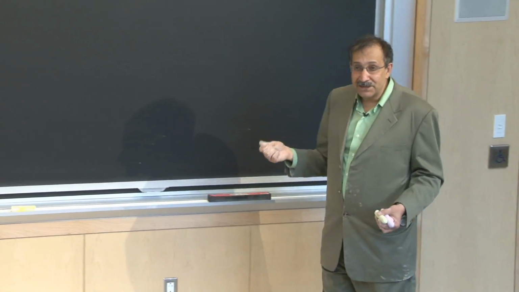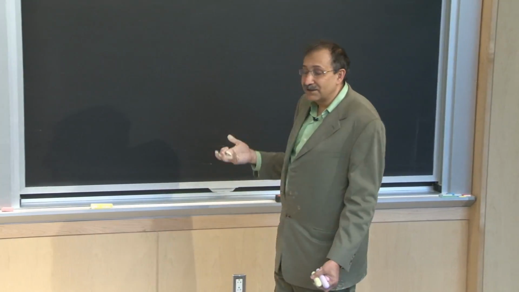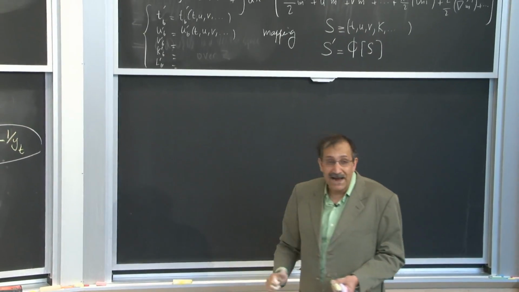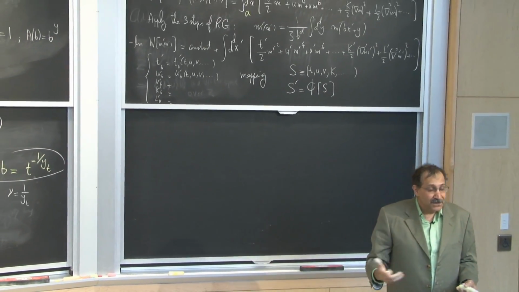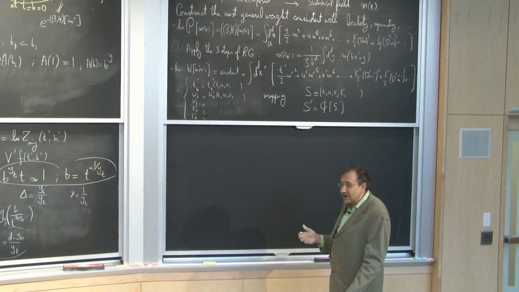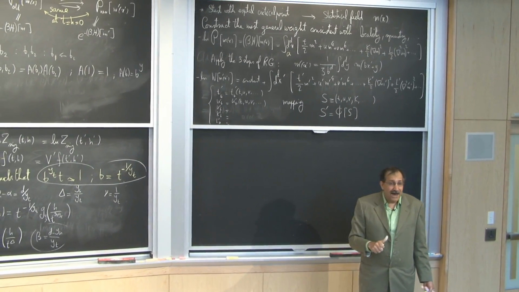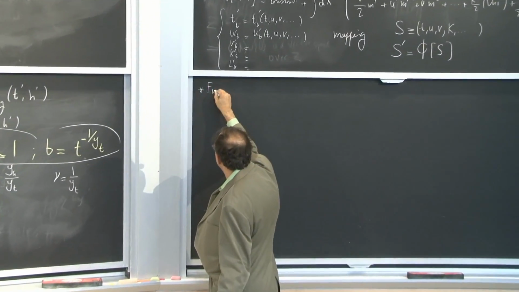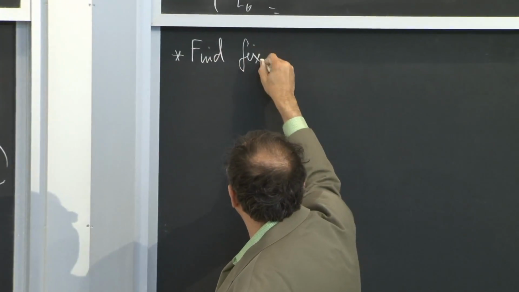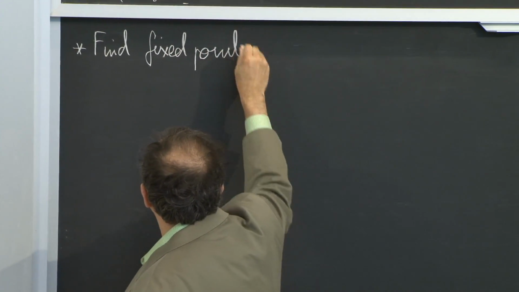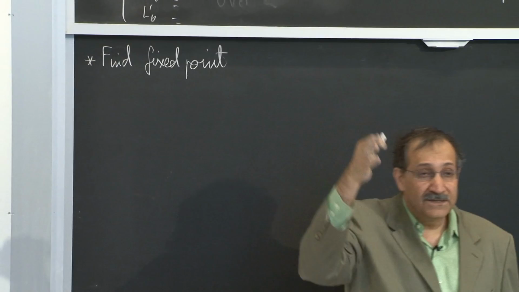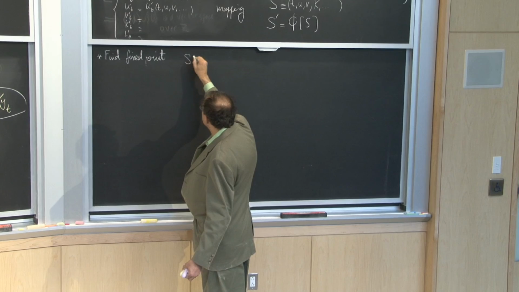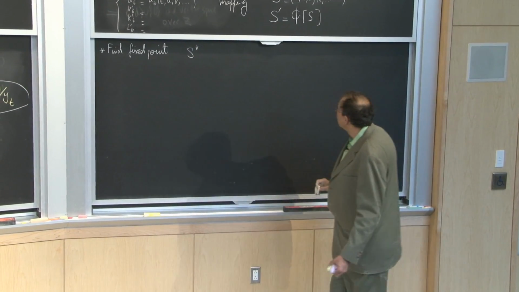But the behavior that I'm interested in is where I basically get the same probability back. So I'm very interested in the point where, under the transformation, I go back to myself. Okay? And that's called a fixed point. So S is a shorthand for this infinite vector of parameters. I want to find the point S star in this parameter space.